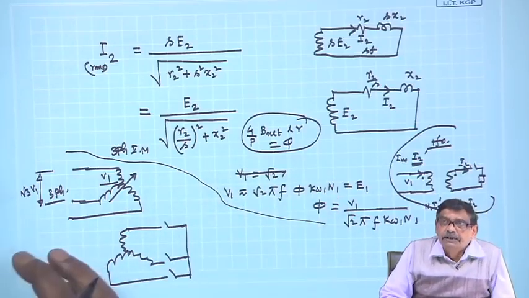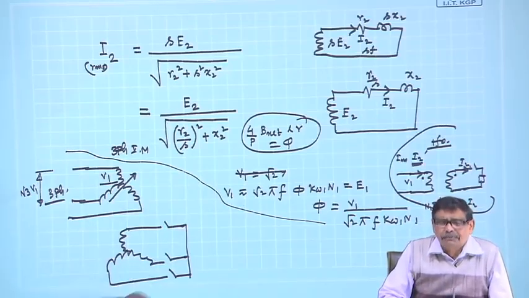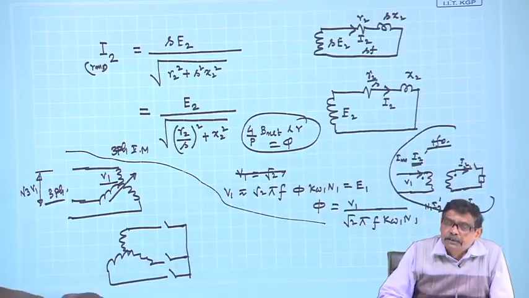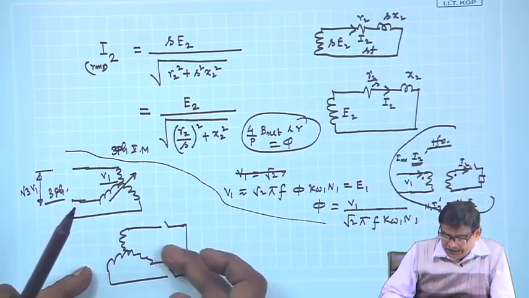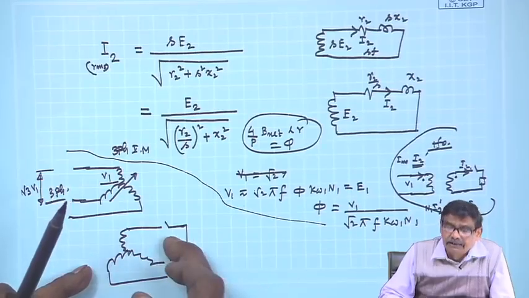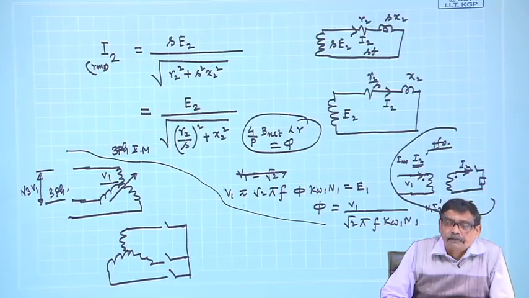In other words, the strength of B naught remains the same practically, from no load to full load operation. Of course, we have not explained what full load operation is here, but no matter whether the switch is closed or you have connected some impedance on this side, this flux per pole has to remain the same.